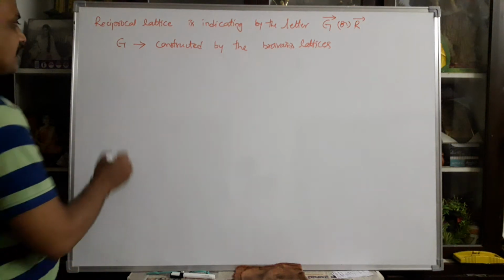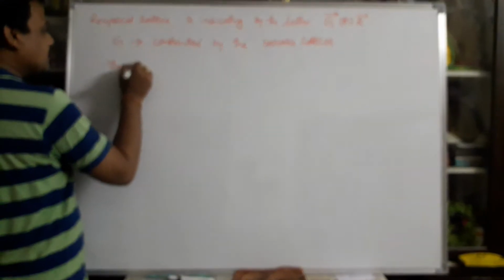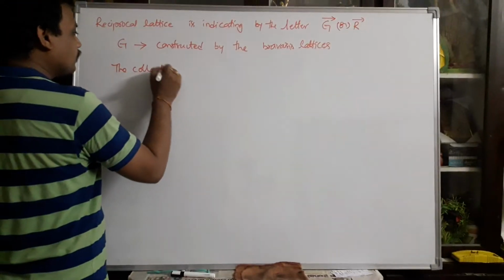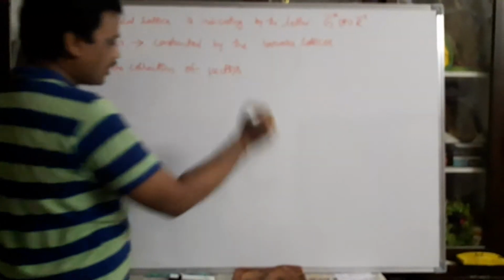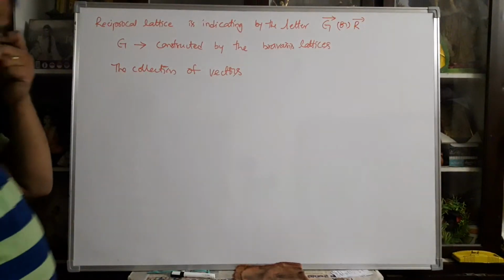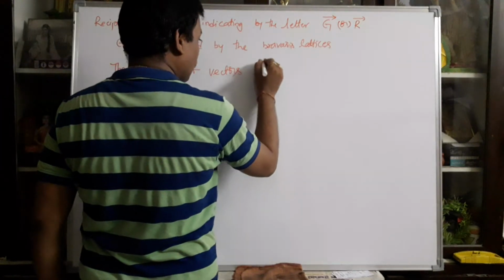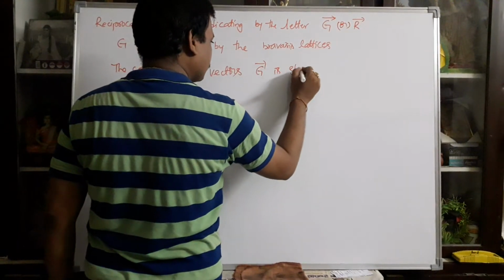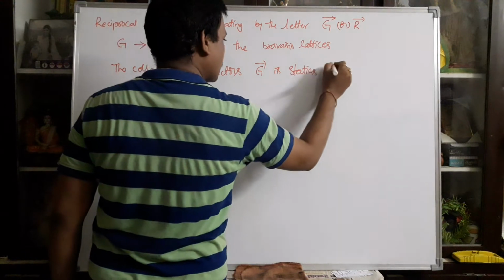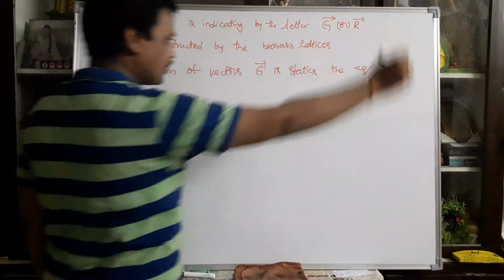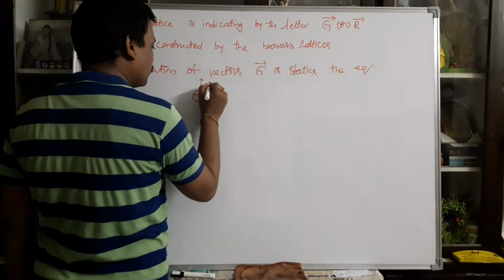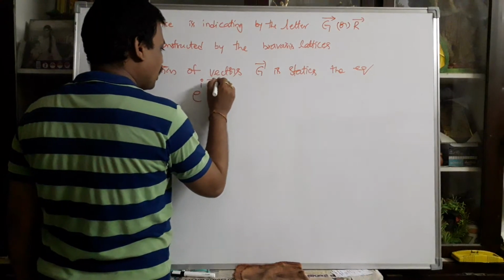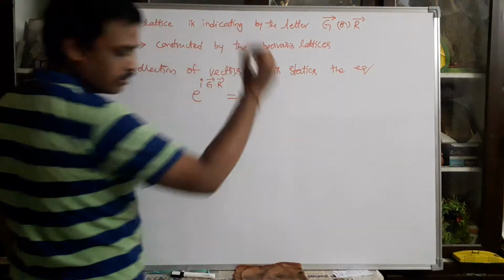The collection of these Bravais vectors, capital G bar, satisfies the equation: e to the power i into capital G bar dot R bar must be equal to 1.